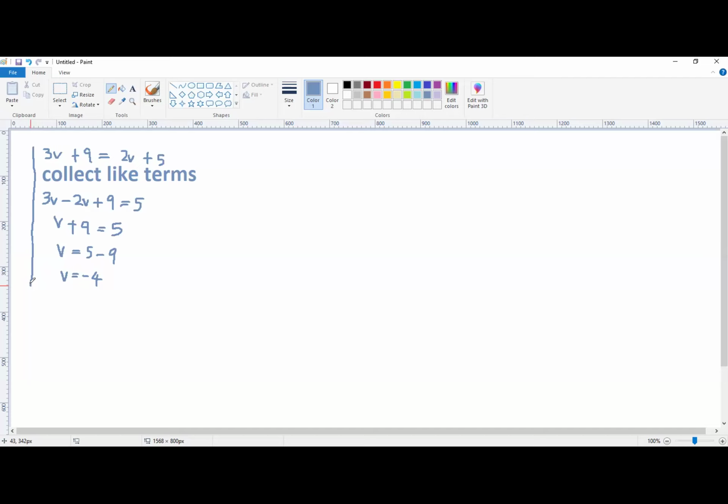Excellent. Now, does this look like something you guys have done in class before? No, not really, because normally, you see like how it's 3v plus 9, normally it would end up as a positive number instead of a negative. I don't think we've seen that before. And then instead of 2v, it would probably be a bigger number just so it makes it positive. Okay. So the difference is just that usually the answers are positive answers, right?